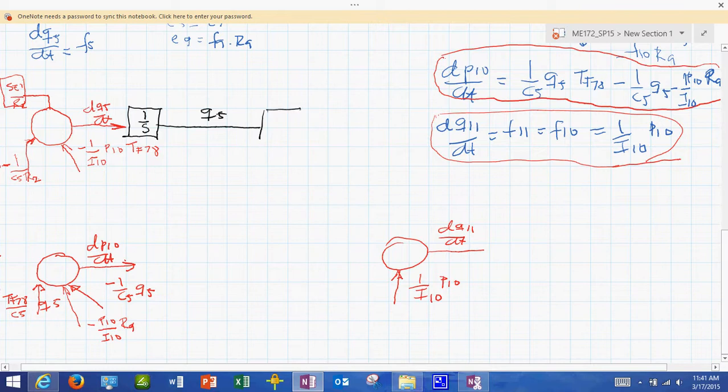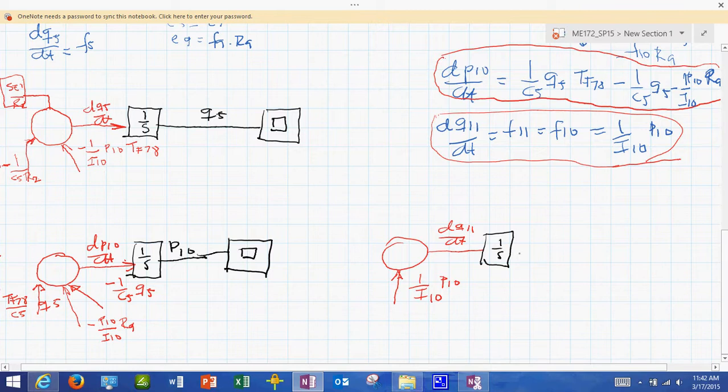And then you do 1 over s, and you obtain p sub 10. And then you could do the same thing on a scope, 1 over s. What you have done is calculated all the state variables, because those are the ones needed for the other factors.